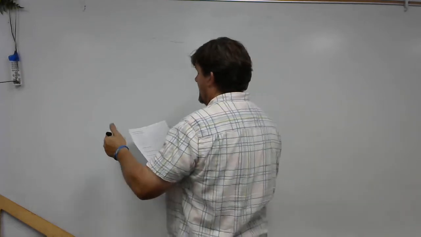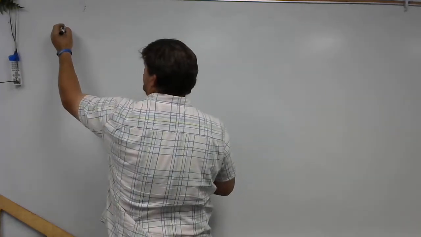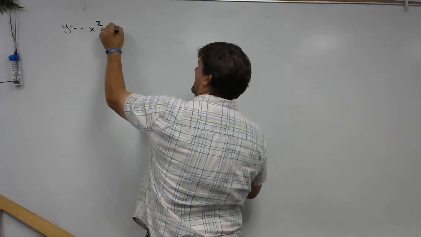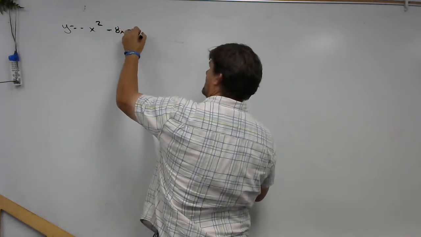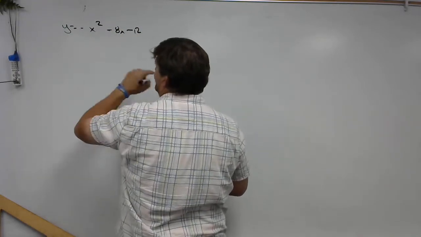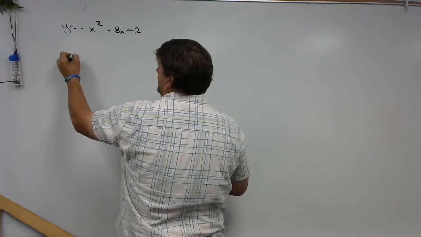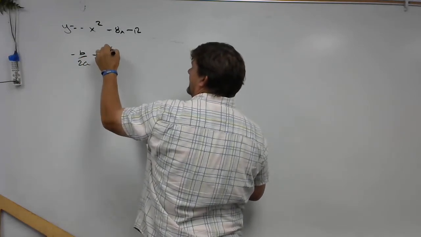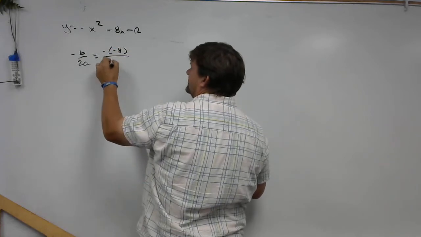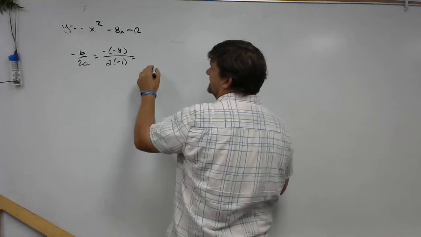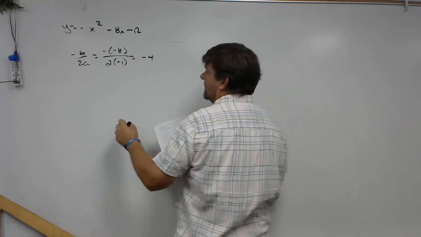So number 1 and number 2 are going to be the same. So we have to put this thing again in quadratic formula, and we're going to use negative b over 2a. So we're going to do negative b over 2a, which is going to be negative 8 over 2 times negative 1, which is going to give us negative 4.